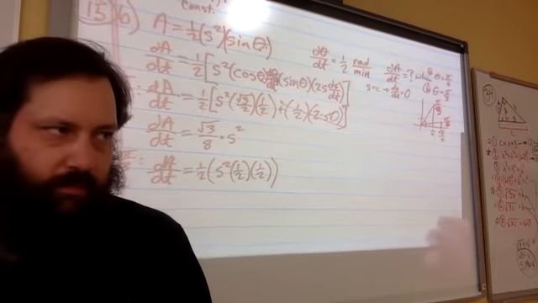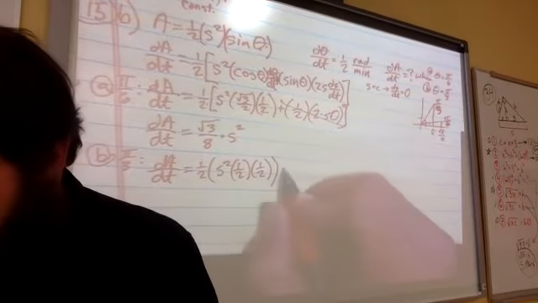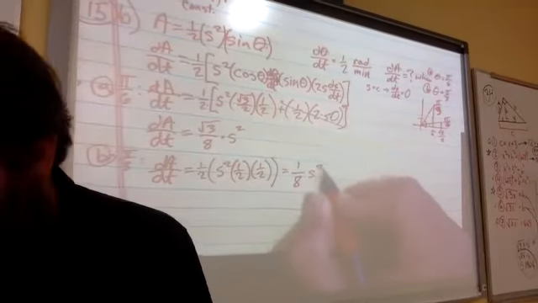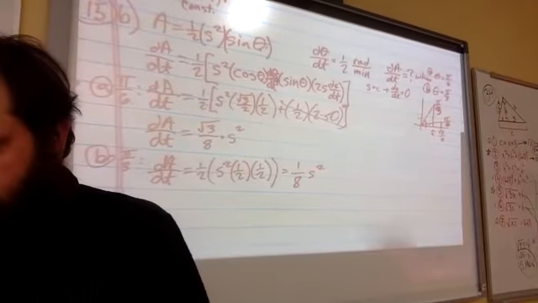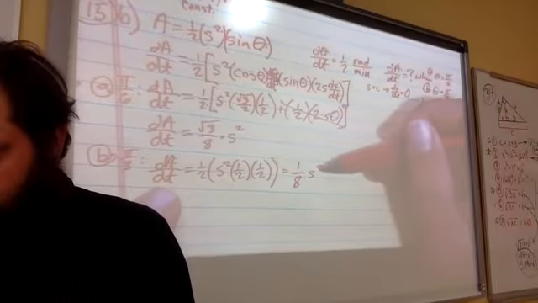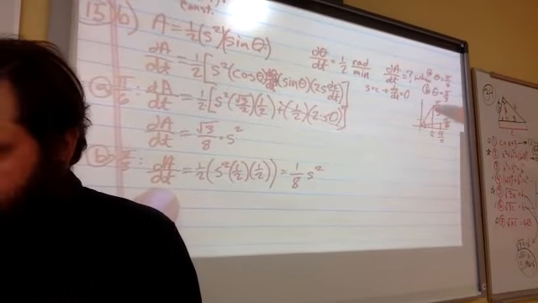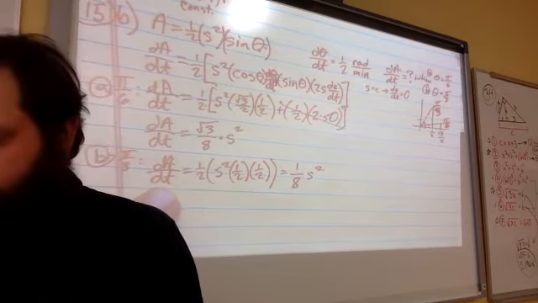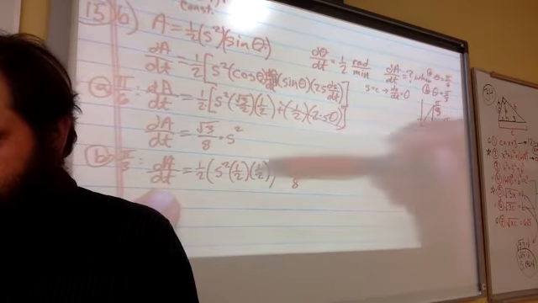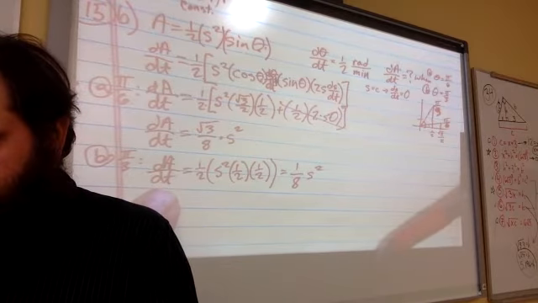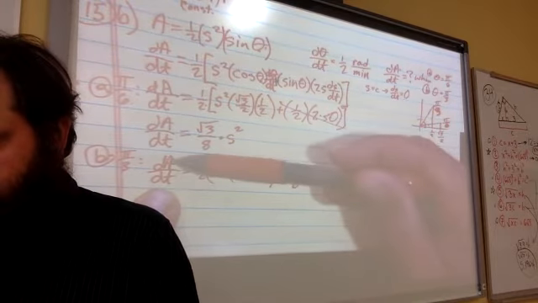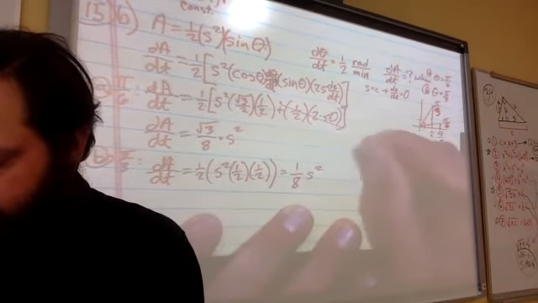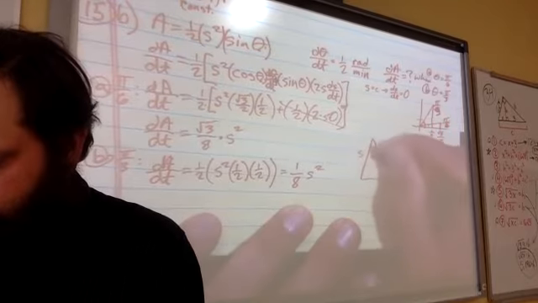That's all you got to do. When you do that, I'm going to write it in the same form, you get 1/8 s squared. So the area is changing slower as our triangle opens wider.